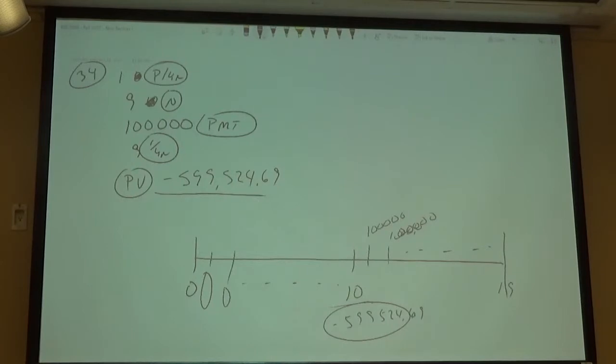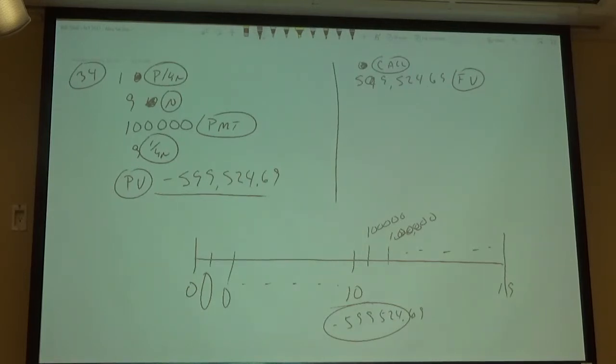Okay, and then the second part of the problem is going to be basically taking that 599,524.69, putting that in as future value, and then solving for the payment into the fund.